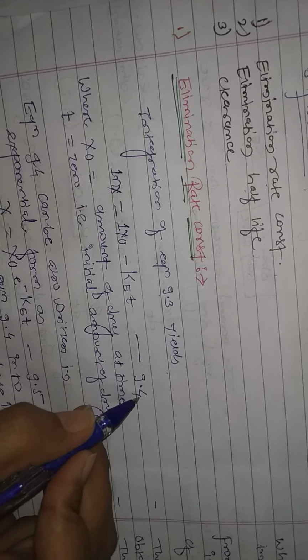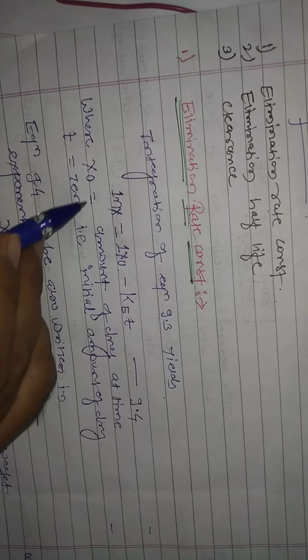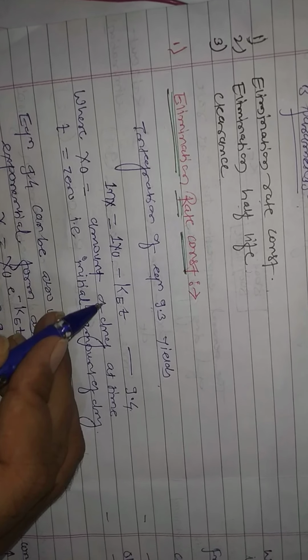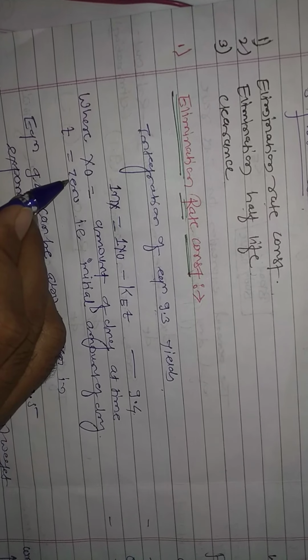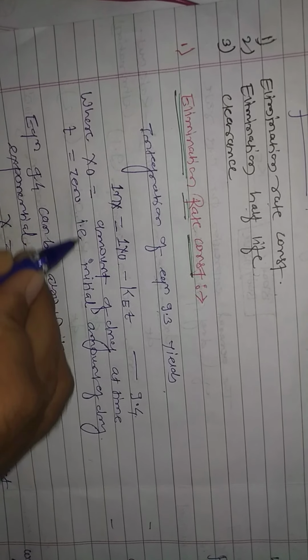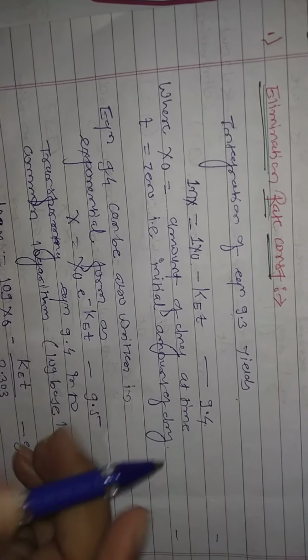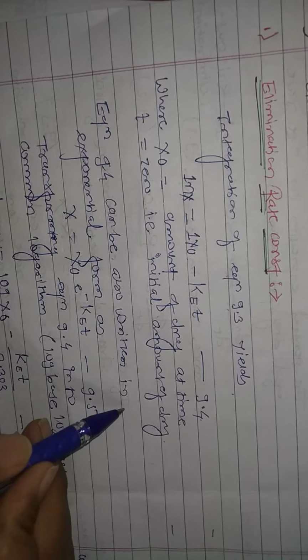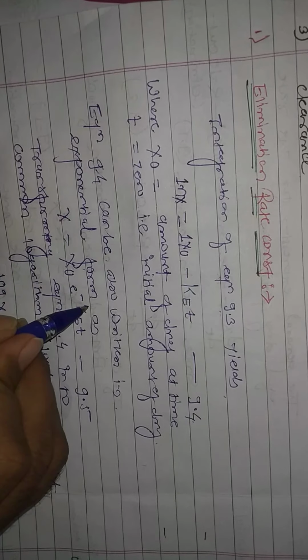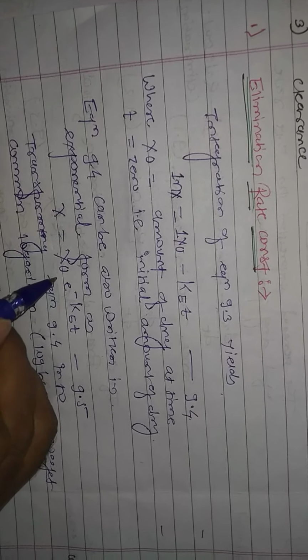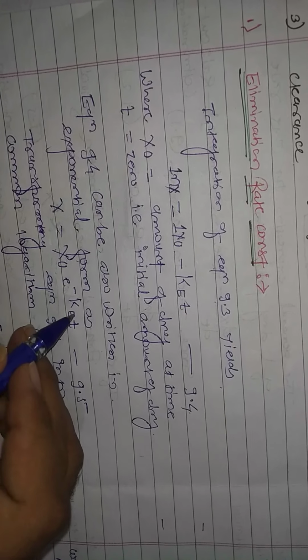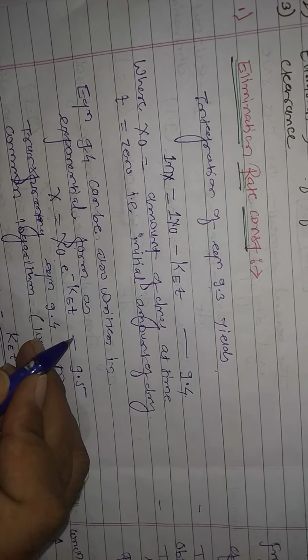This is equation number 9.4, where X0 is the amount of drug at time t equal to 0, which is considered as the initial amount of drug or initial time. This equation 9.4 can also be written in its exponential form, X is equal to X0 into e to the power minus Ke into t.